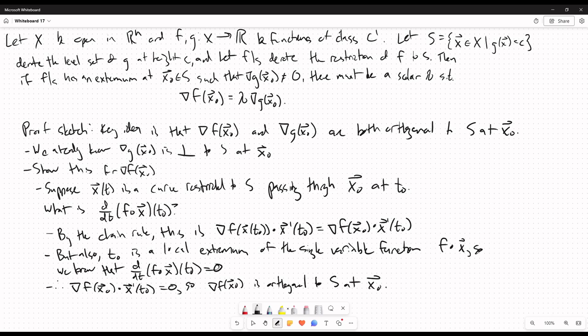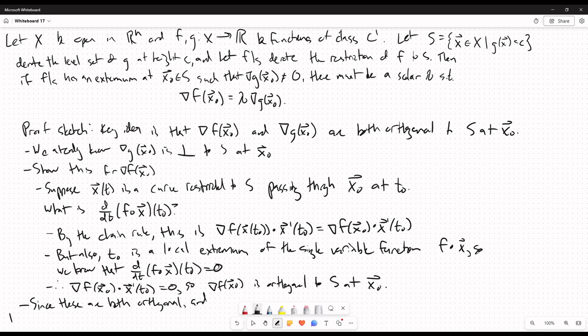Since these are both orthogonal, and due to some dimensionality stuff, we can say the vector orthogonal to a hypersurface is unique up to scalar multiples.